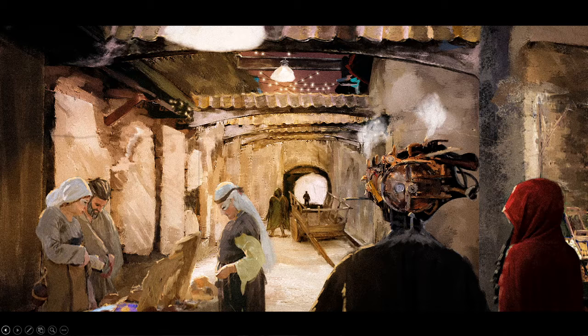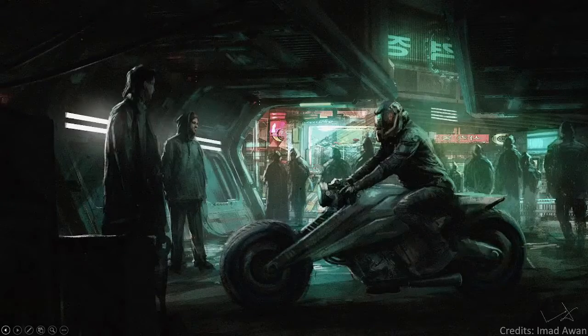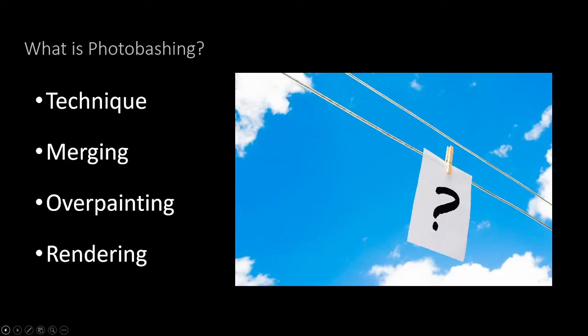And the method I used here is pretty much very simple. That method is sort of photo bashing. And what is photo bashing? Well, we can think of photo bashing as a technique used by concept artists to speed up the workflow. By doing this, they gather different images all together and make a collage.